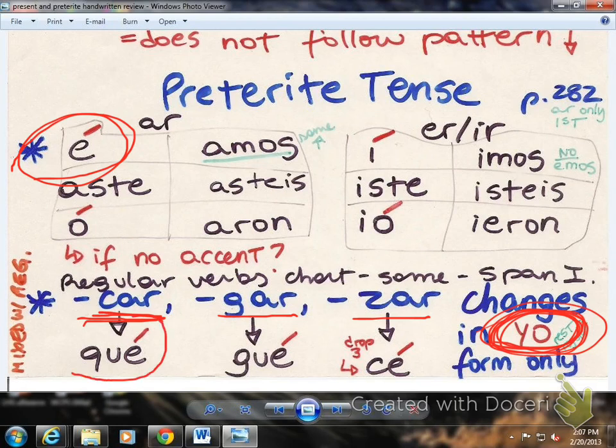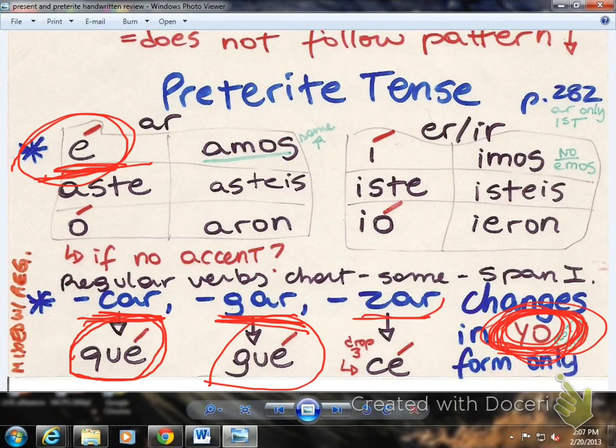Now, that E happens to also have an accent because it happens to be the yo form accent, so that will still stay there. Any other verb that has a GAR at the end of it, only for what form? Only for the yo form. You'll change the whole GAR, drop 3 letters, replace it with GUE with an accent again.